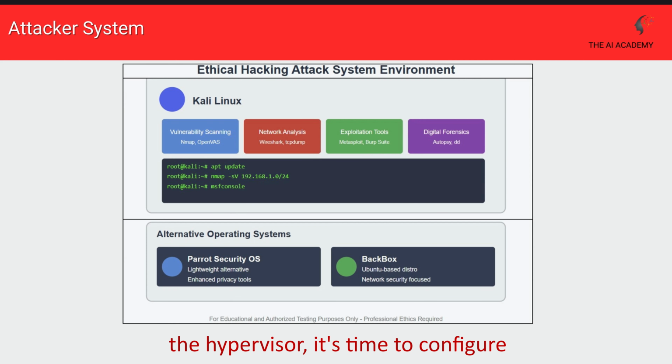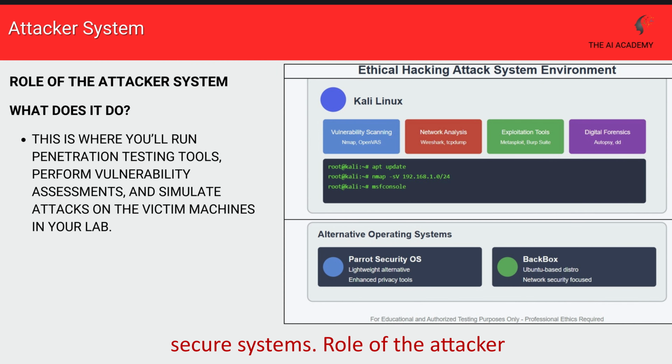Now that we've set up the hypervisor, it's time to configure your attacker system. This is the system where all the action happens, your main platform for ethical hacking, penetration testing, and learning how to exploit and secure systems. Role of the attacker system. The attacker system is essentially your toolbox for ethical hacking. What does it do?